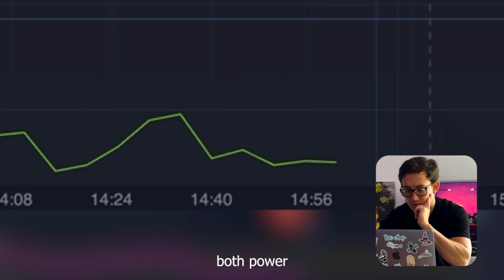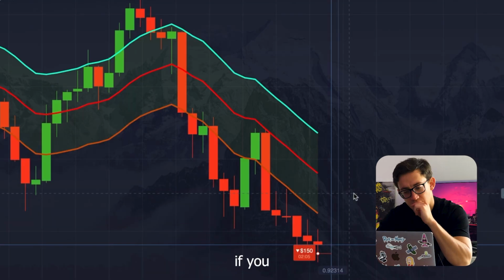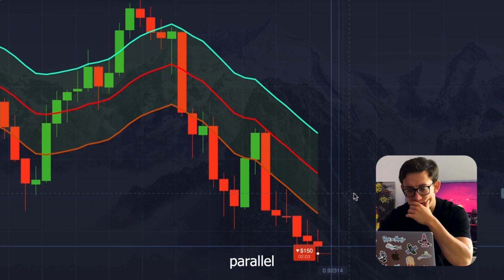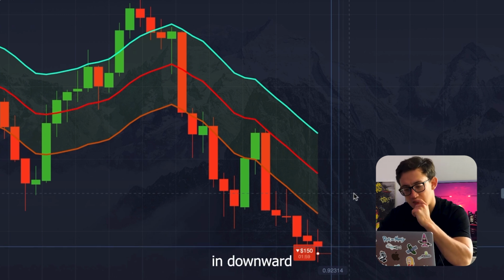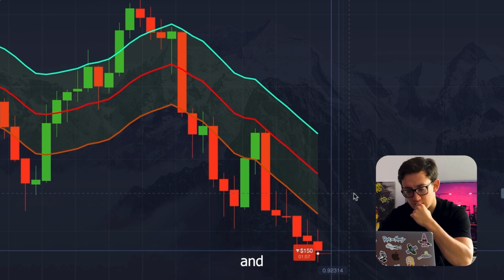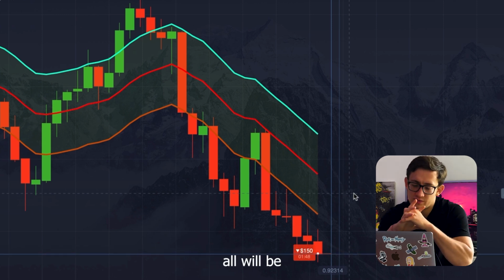And if you watch the three lines of the envelopes indicator, we can see that they show us a downward direction, and all will be okay.